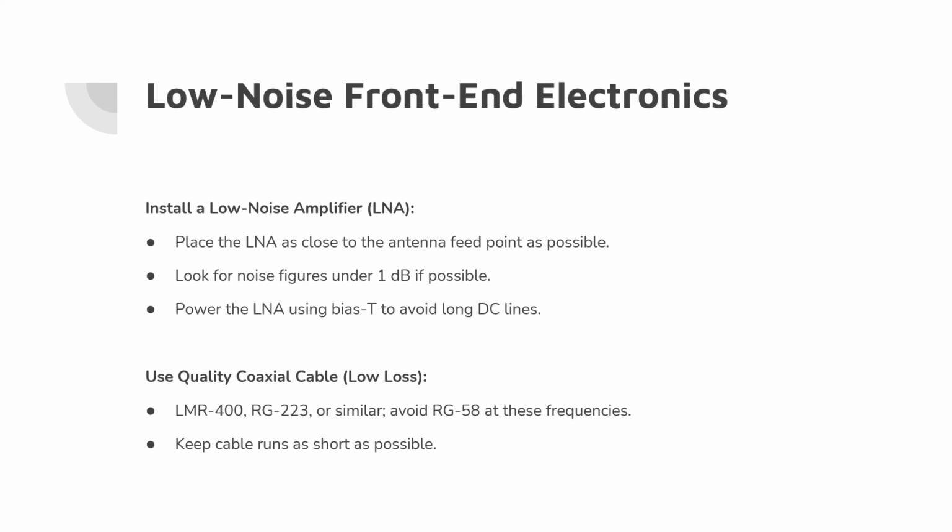So RG6, again, I don't have any practical experience, but from what I've heard, it's fairly usable also. I don't think that 50 to 75 ohm is going to make a huge difference, but you definitely want to use fairly decent cable at 1420, regardless of whether the LNA is out there.